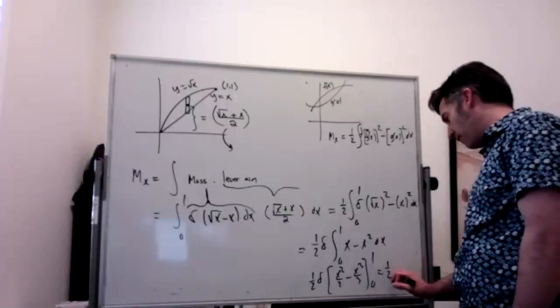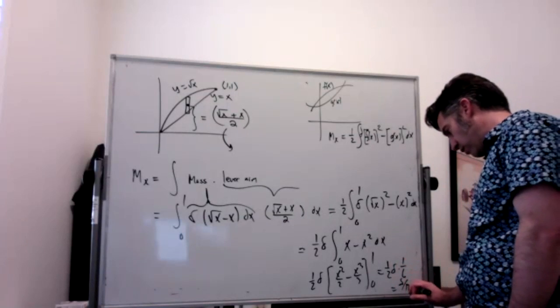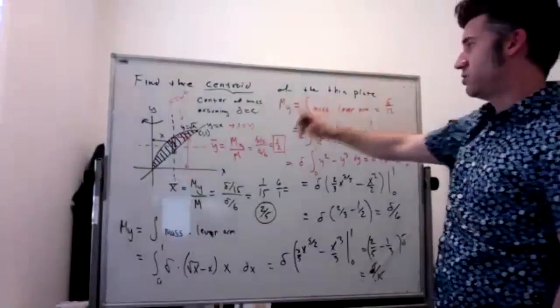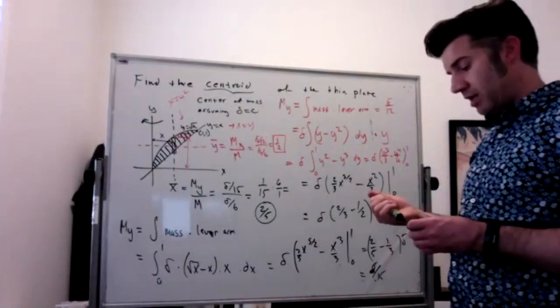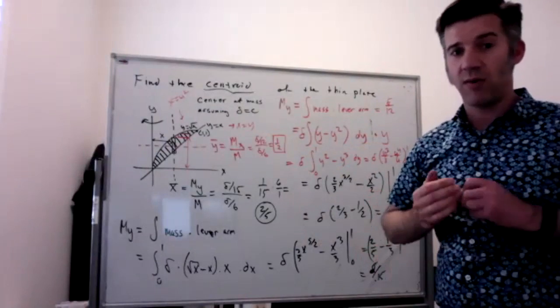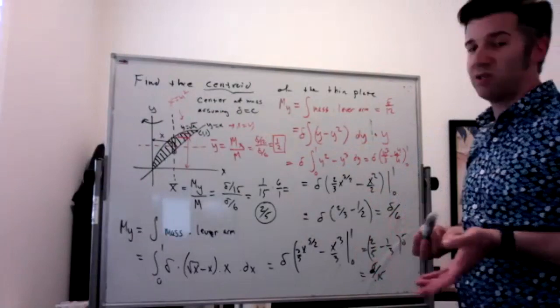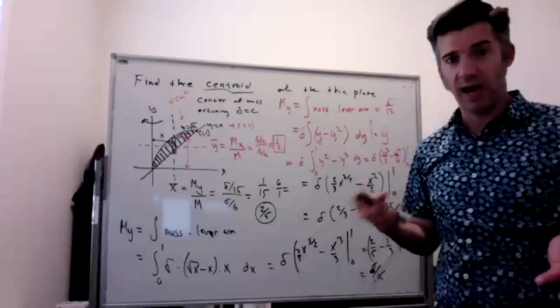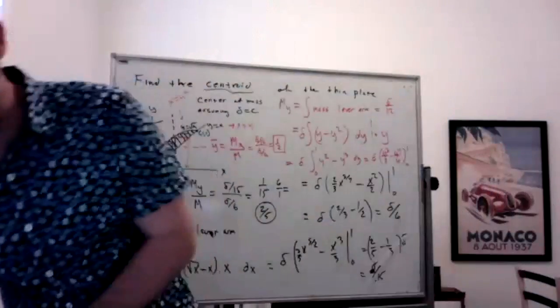So you get 1/2 delta times 1/6, which is delta over 12. Just like it was here. So if you can use either way, I recommend that, but sometimes you're stuck using the terrible kind of half of a function squared minus another function squared formula, which is not my favorite, but it does come up.